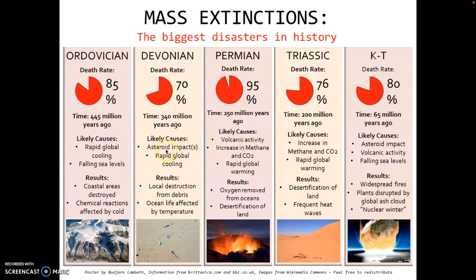Asteroid impact, we see that here in the KT extinction. This is the extinction that killed the dinosaurs. And things like geologic activity, volcanic gases, methane, CO2, all of those are common things that caused these mass extinctions.